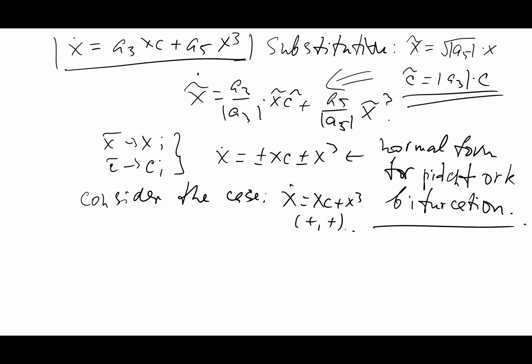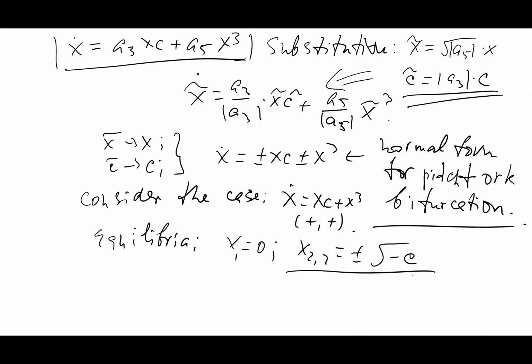And for this case, we will have equilibria x1 equals 0, and x2,3 equal to plus minus square root of minus c, which exist if c is negative.